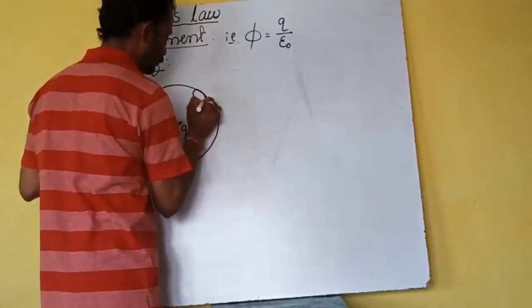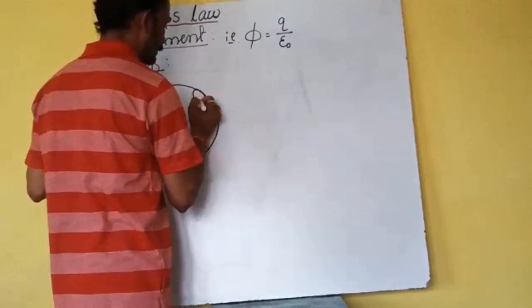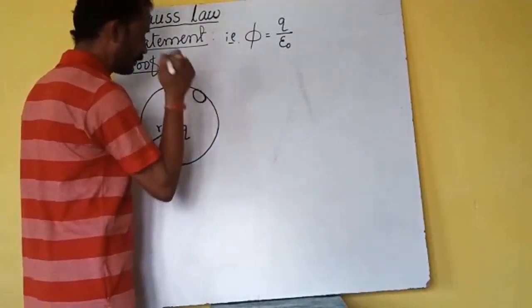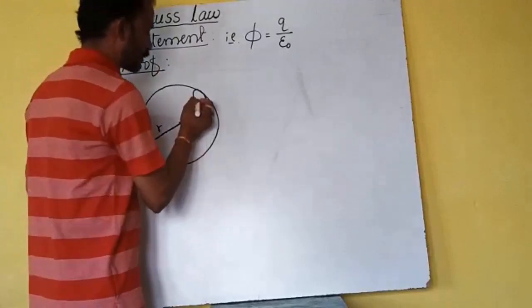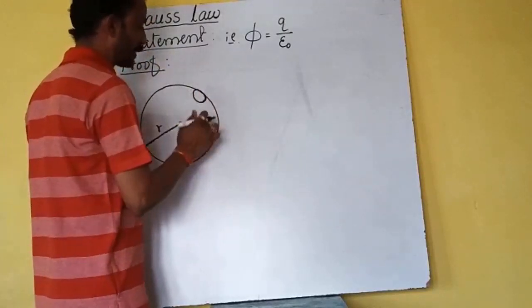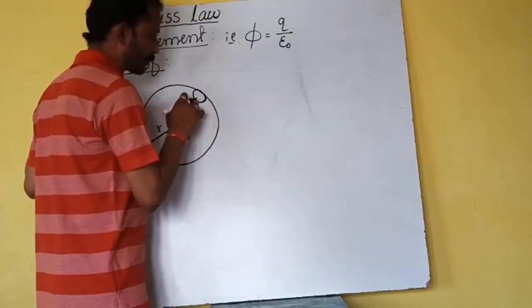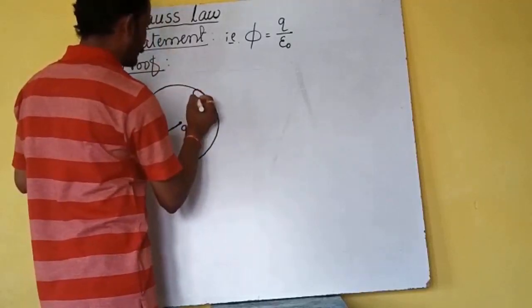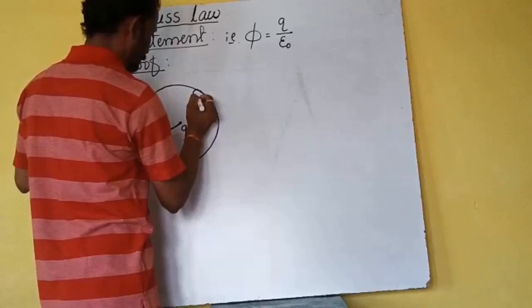The electric flux through this area element delta S is given by using Gauss theorem.